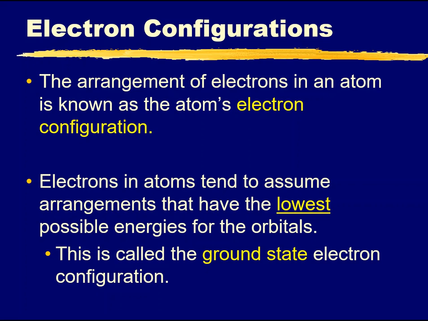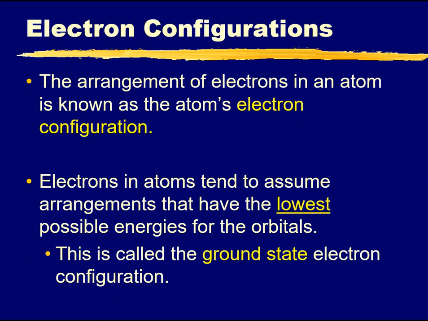It's more stable at a lower energy than at a high energy. So stability, the lower energy state, is what we're looking for. And that applies here to electron configurations, because the electrons are going to arrange themselves in the lowest possible potential energy.